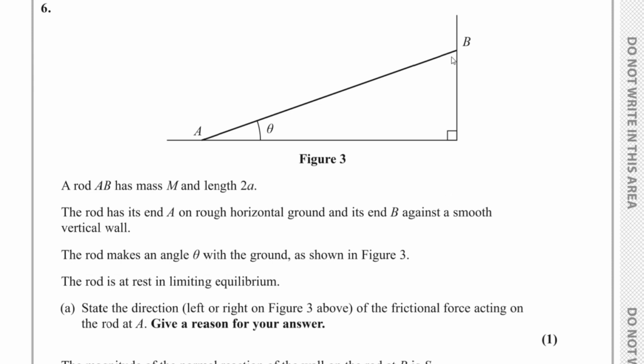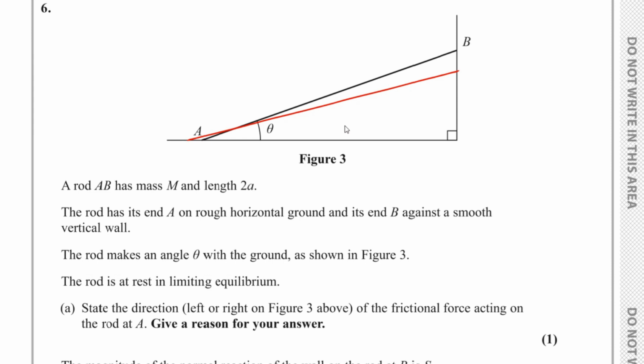The way to think about this, we've got the position of the rod as shown here. If the rod starts to move, what will end up happening is something like this, whereby the rod moves like this, whereby B moves down a little and A moves a little to the left.